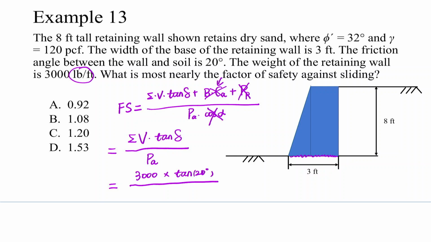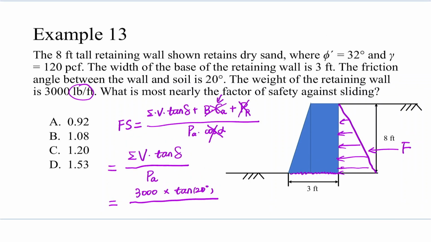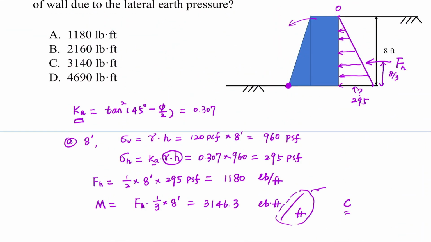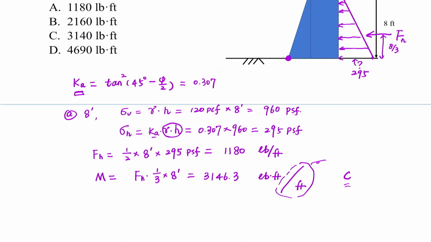And then the lateral force is essentially the value we just came up with for problem number 12, that resultant force. And if you can still remember, that value is about 1180.